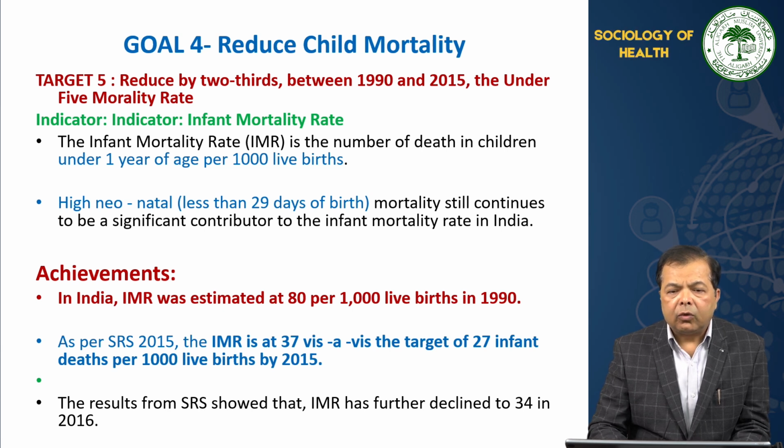That means we were far away from achieving the goal, right? India has not successfully achieved the goal of reducing the infant mortality rate as per the requirements of Millennium Development Goal number 4, reduce child mortality. This country report is saying this.